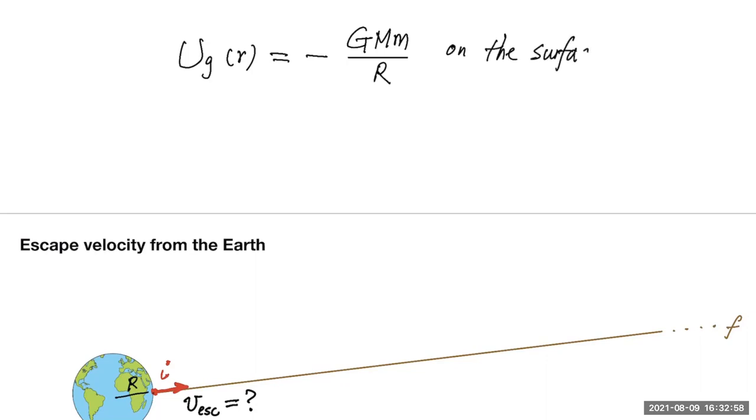If you take that constant term to 0, it is a very negative potential energy.